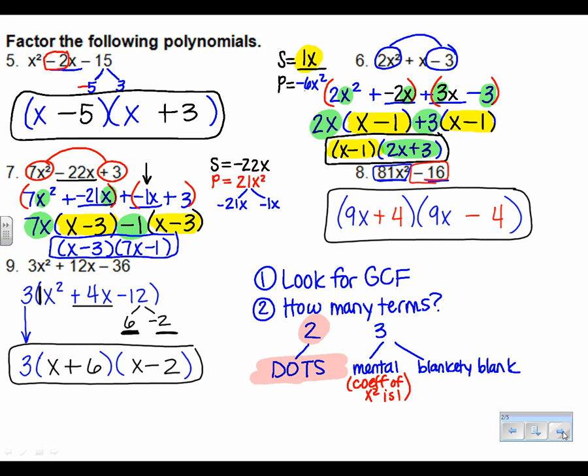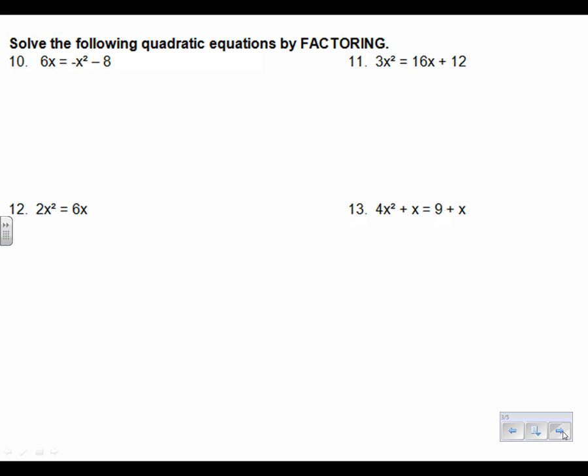Okay, next section of questions says to solve the quadratic equations by factoring. In order to do that, on number 10, I need to get my quadratic in standard form. I need to have x squared, my x, and my number all in a good order, all set equal to 0. So the first step is, when you're solving by factoring, you gotta set your equation equal to 0.